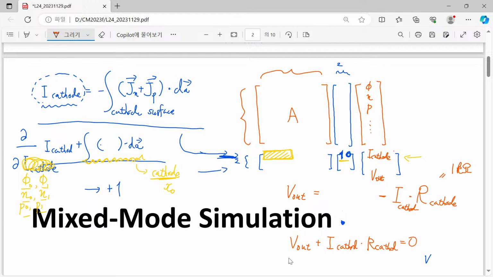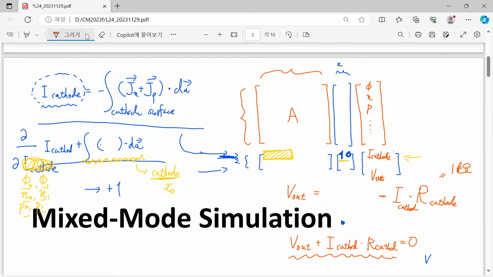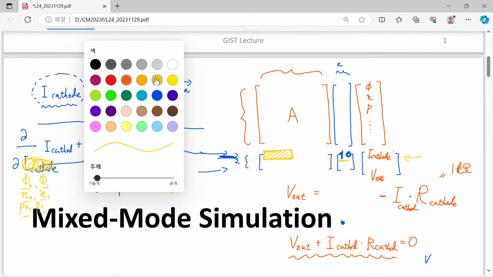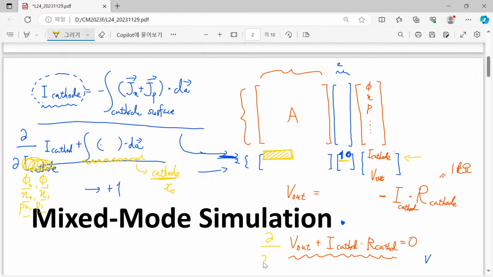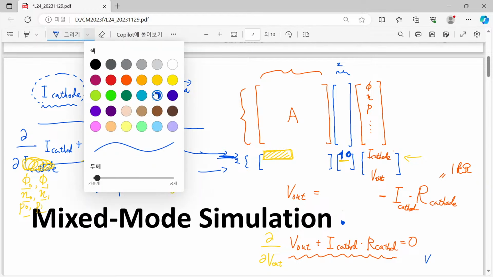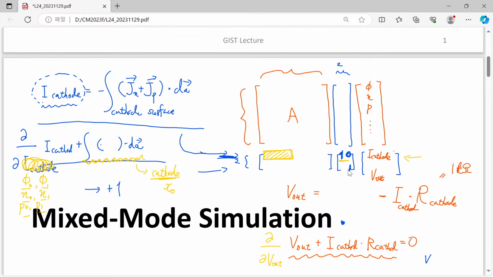That is our residue. Then when we take the partial derivative of this residue function with respect to, for example, our V out, then what will happen? This one will give you just number 1. Simply number 1. So we have once again diagonal component 1.